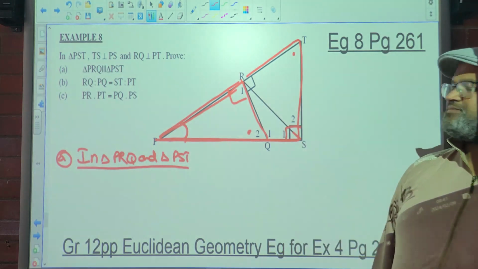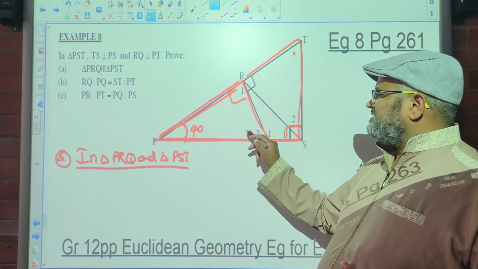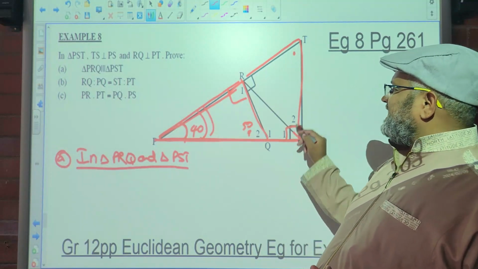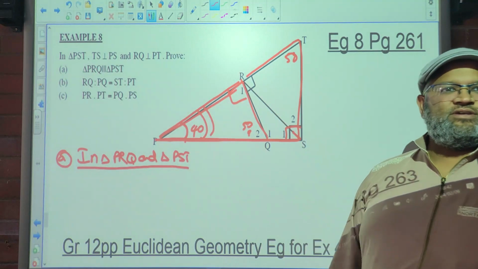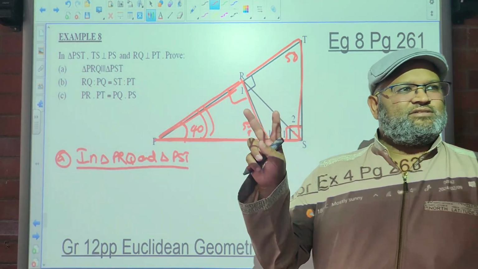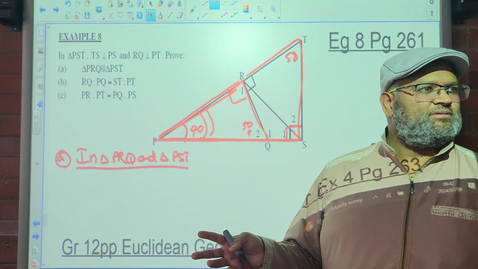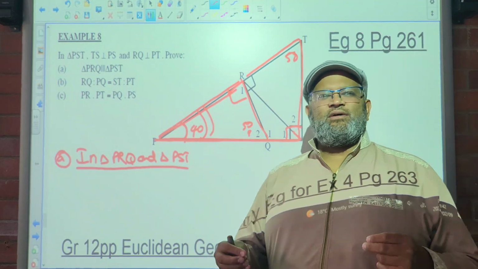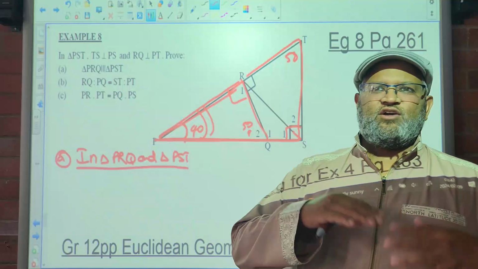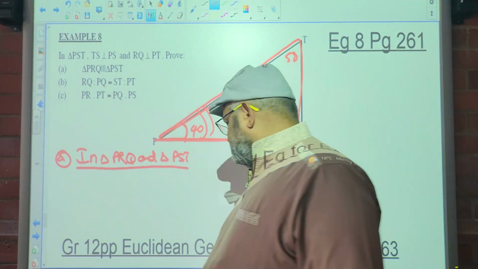Why? Say for instance this is 40, then what's the size of this angle? 50, not so. And if this is 40 and this is 90, then this has to be 50. So if two angles in one triangle are equal to two angles in another triangle, then the third one has to be equal. You guys understand? So most of the time when we prove similarity, you're just going to prove two angles are equal. And then you can conclude the third one is equal. Okay, you guys understand that?